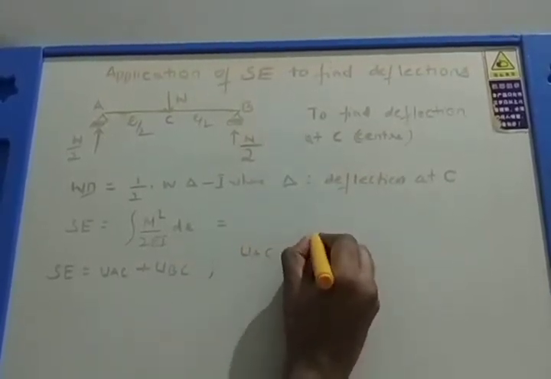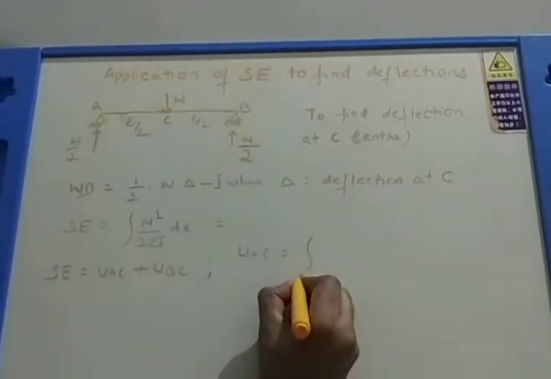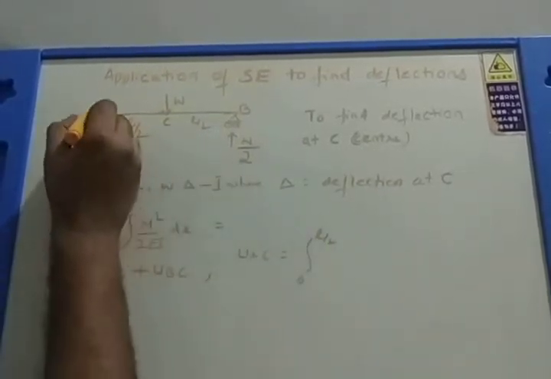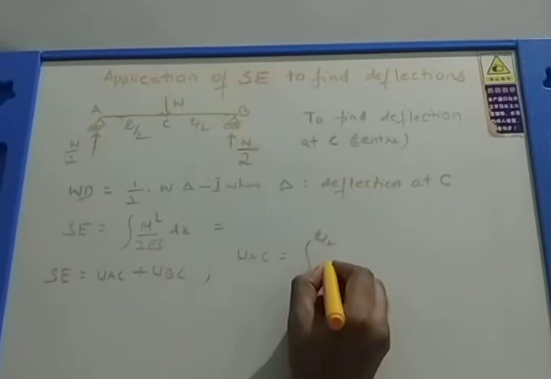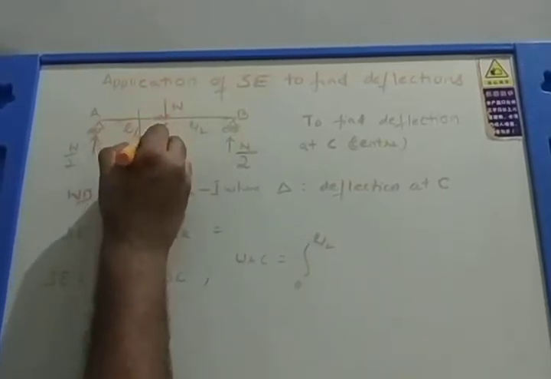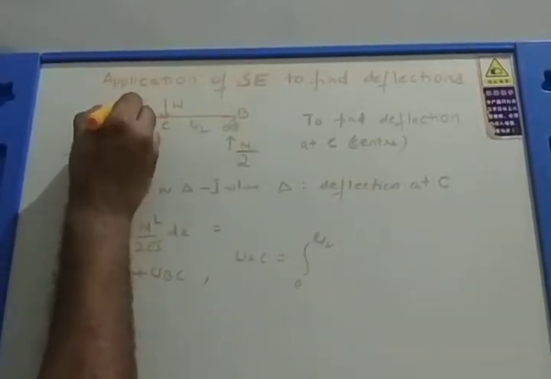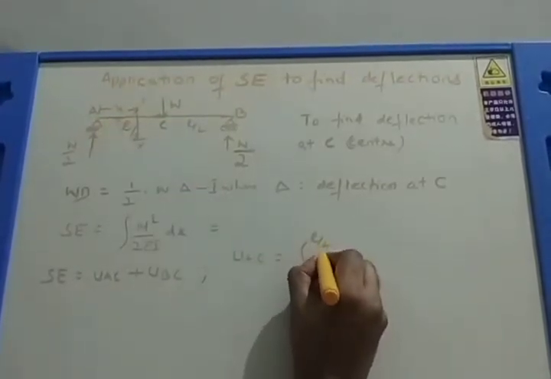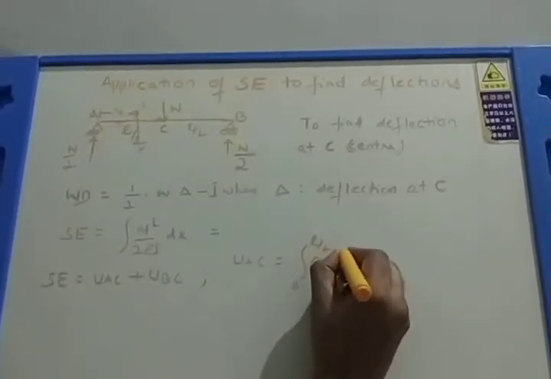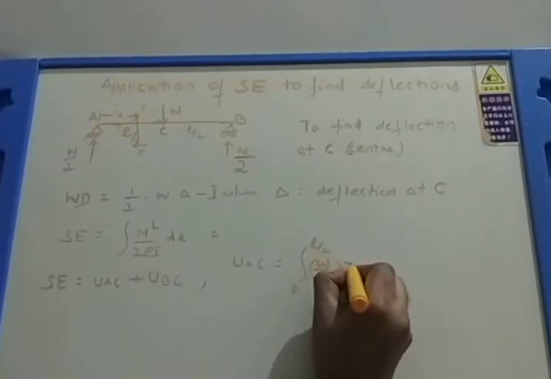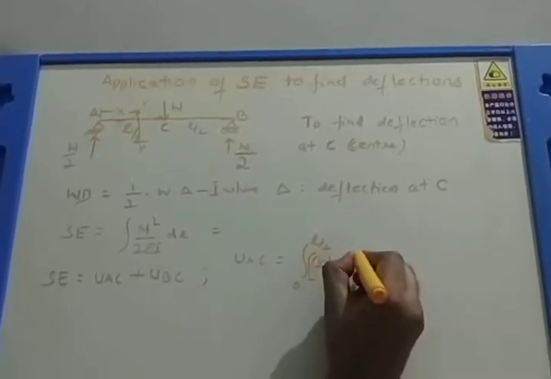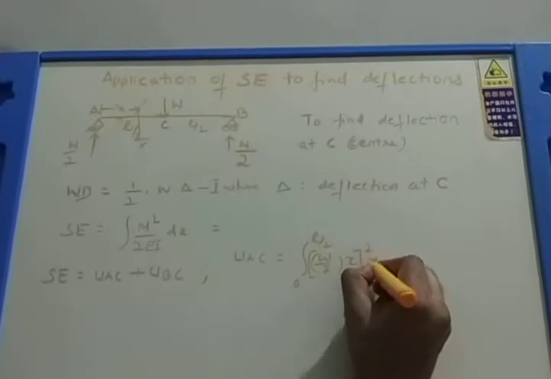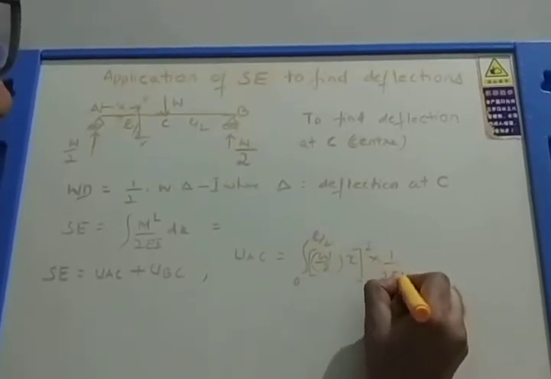UAC is equal to integration for AC, 0 to L by 2, because the length is L by 2, integration M square. What is M square? Bending moment at section XX, W by 2 into X. So W by 2 into X, the whole square, M square into 1 upon 2EI dx.